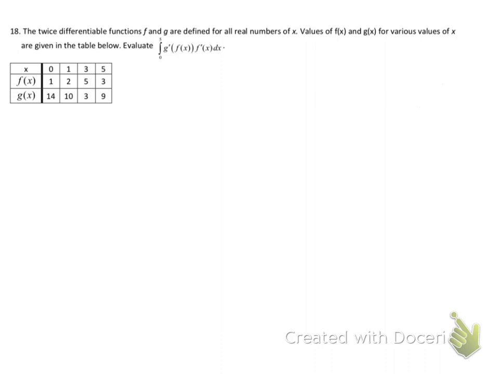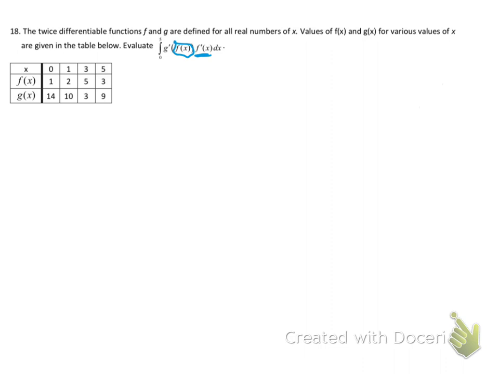There actually is a way to do this, and it is by using a u-substitution, because I do have a function inside of another function. This f of x is in a function, and that function's derivative appears in the problem. Those are usually two signs that you're going to do a u-substitution.